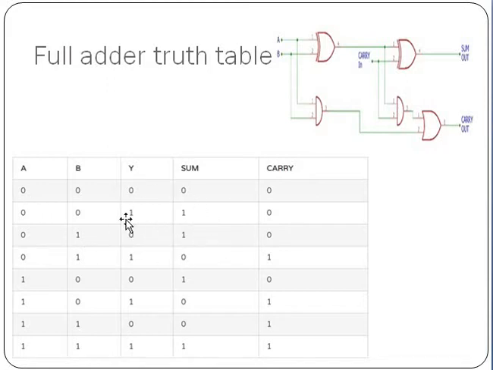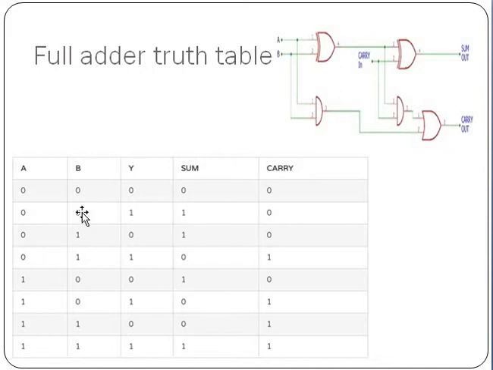In this truth table we can see clearly that if two ones are added, then the sum is equal to 0 and the carry is 1. And if only one input is 1, then the sum will be 1.